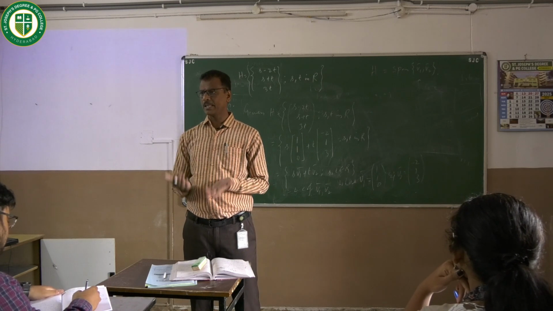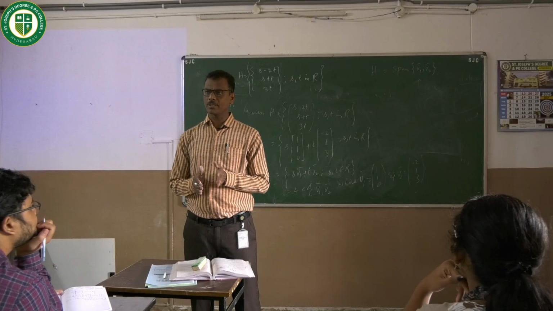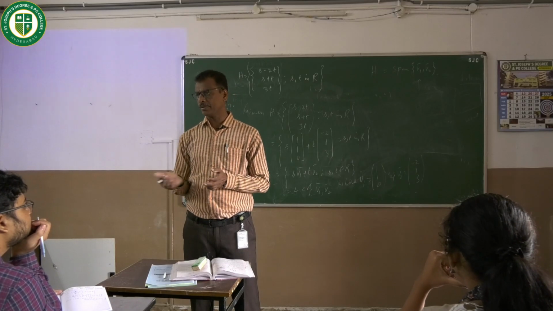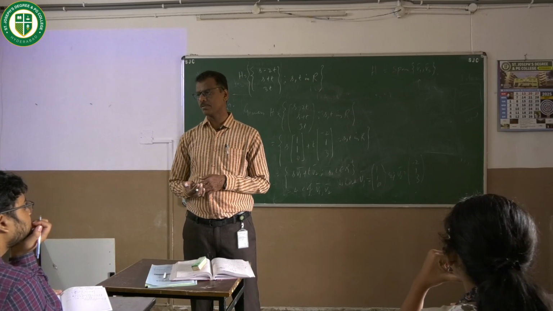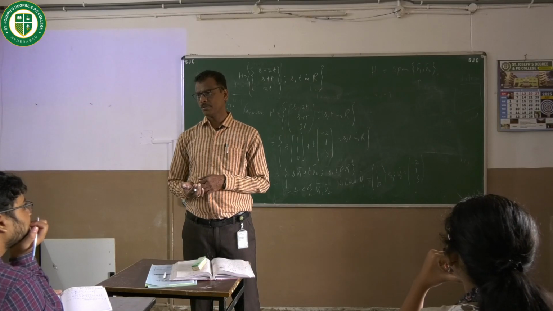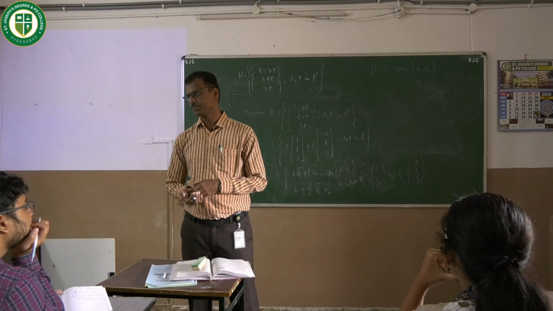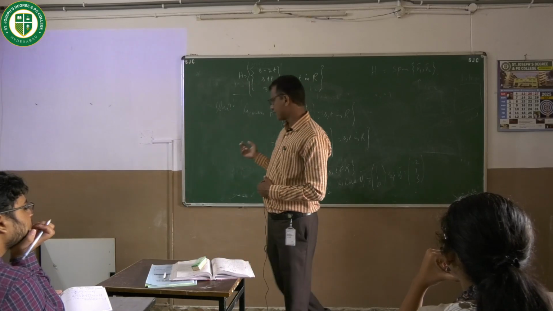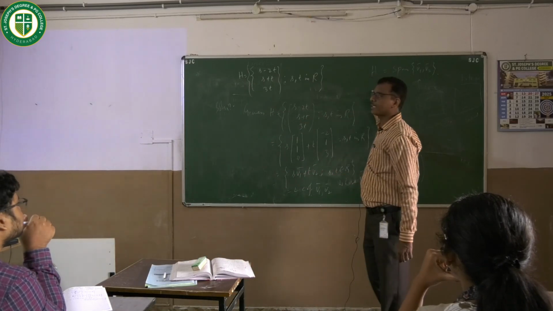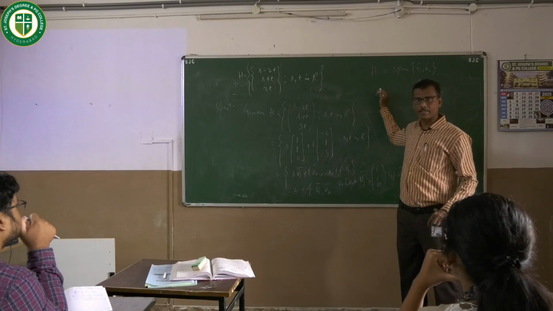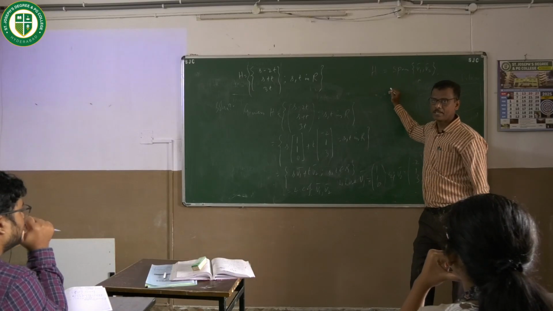If you write a linear combination C1 V1 bar plus C2 V2 bar equal to 0 bar, you have to find C1 and C2. If C1 and C2 are equal to 0, it is called linearly independent. That is one of the definitions.